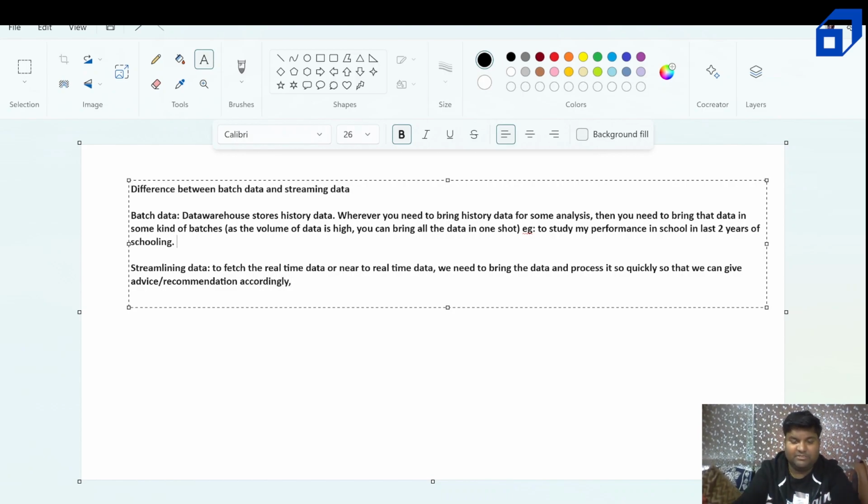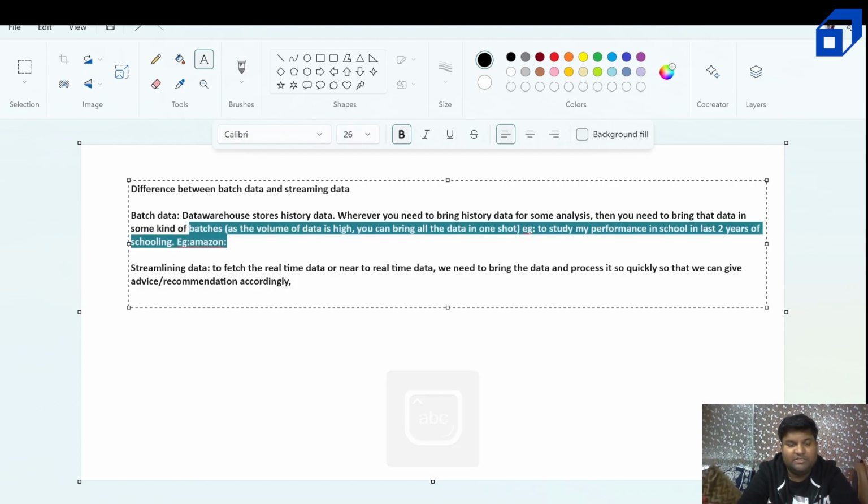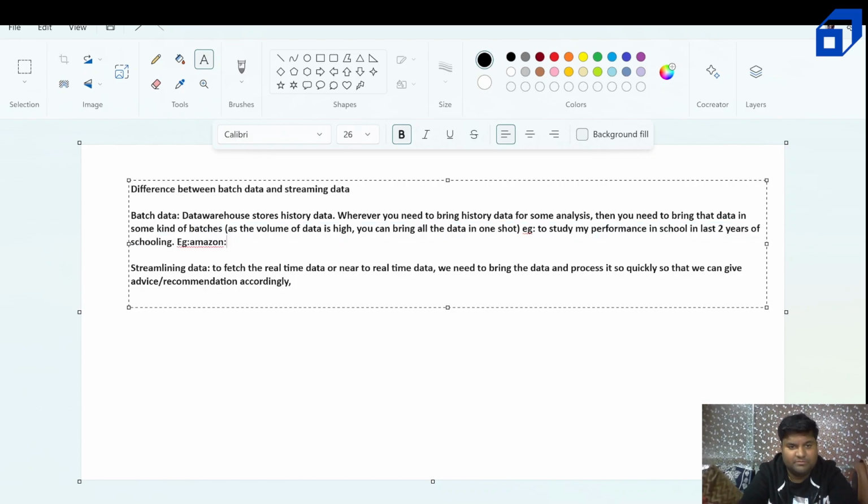Here I can take one more example, Amazon. It will study the history of your purchases, and it will give you recommendations based on that, right?